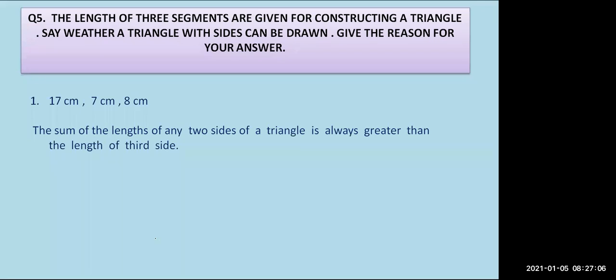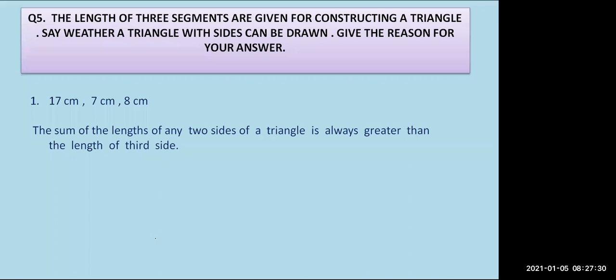The answer that we get after adding any two numbers is called the sum. So when I'm adding any two sides randomly, it should always be greater than the third side.